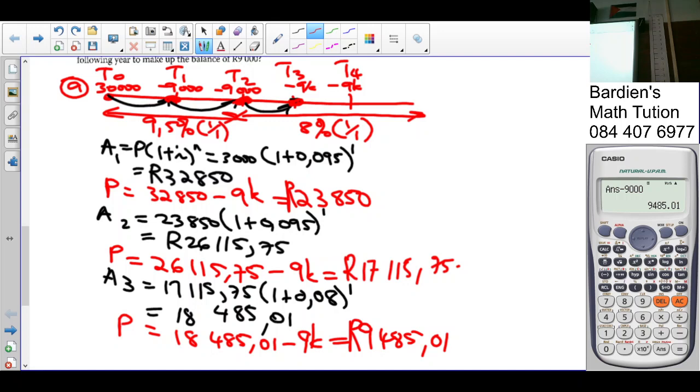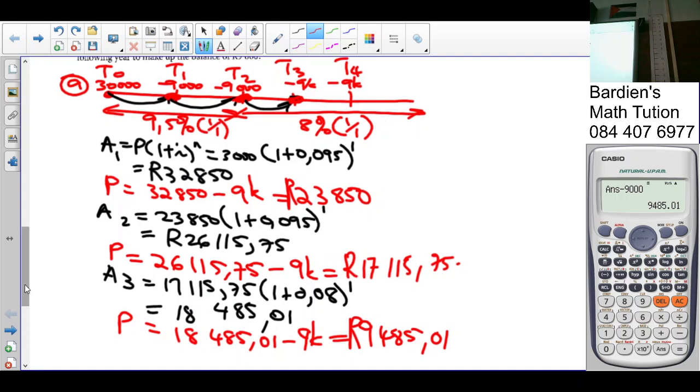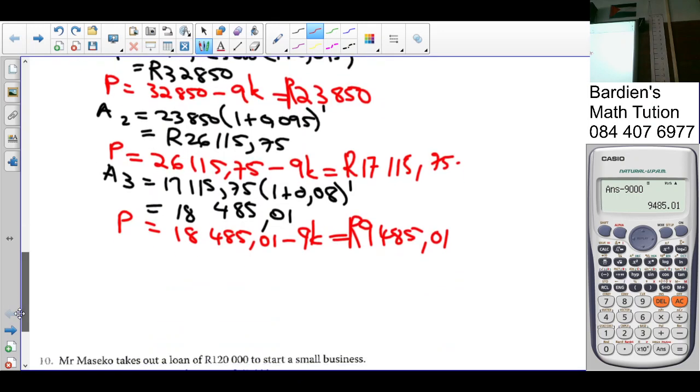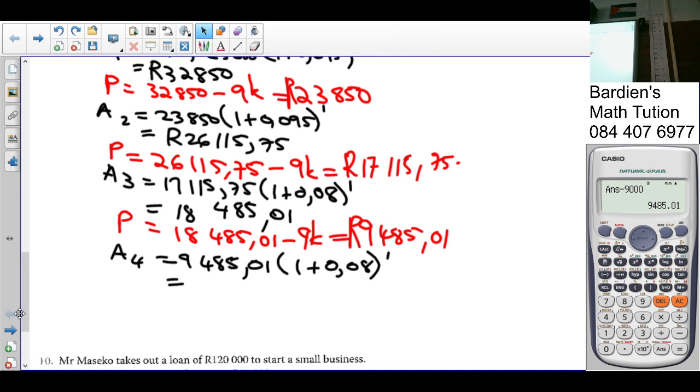Not so? So what's going to happen now? We're drawing interest again for 1 year. That's A4 equals 9,485 Rand and 1 cent into 1 plus 0,08 to the exponent 1.